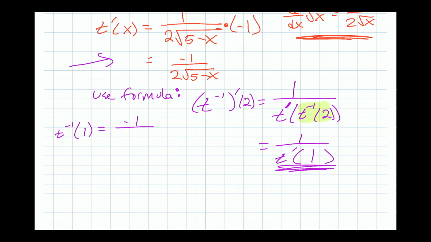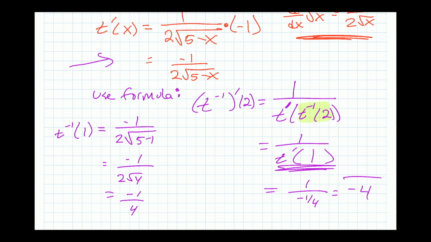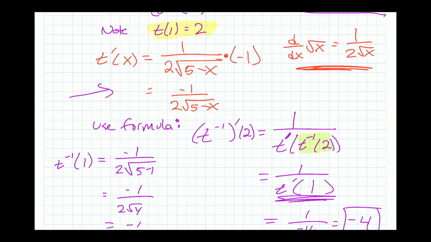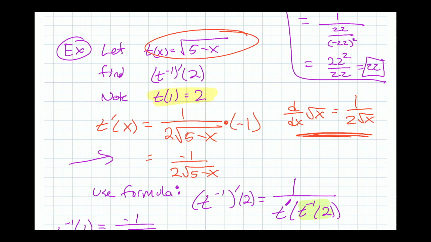It's negative 1 over 2 square root 5 minus 1. So it's negative 1 over 2 square root 4. So it's negative 1 over 2 times 2, which is 4. So come back over here, 1 over negative 1/4, which is negative 4. All right, and that's it. That's how you use the formula for the derivative of an inverse.